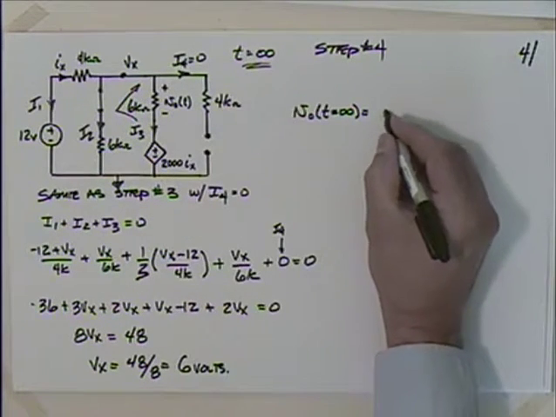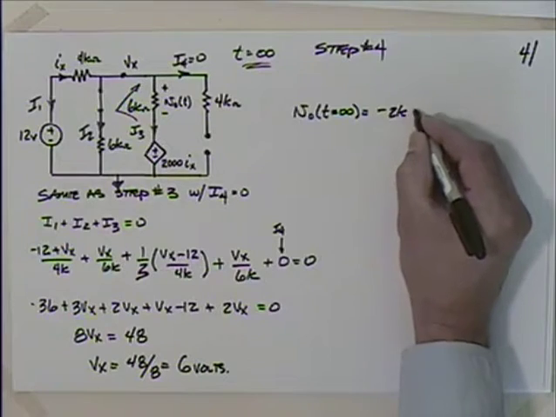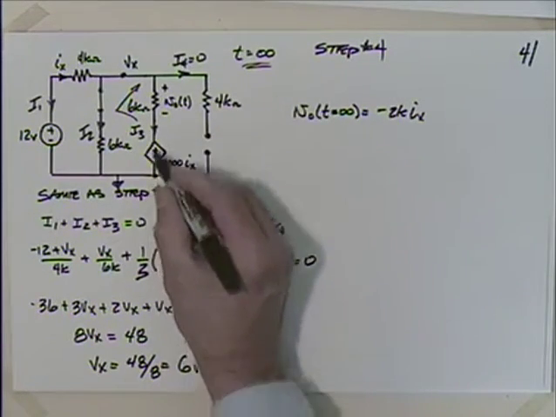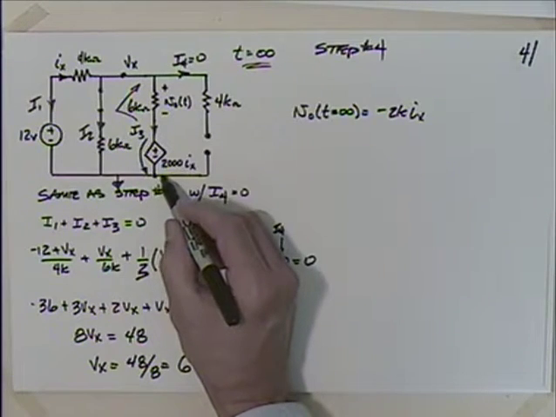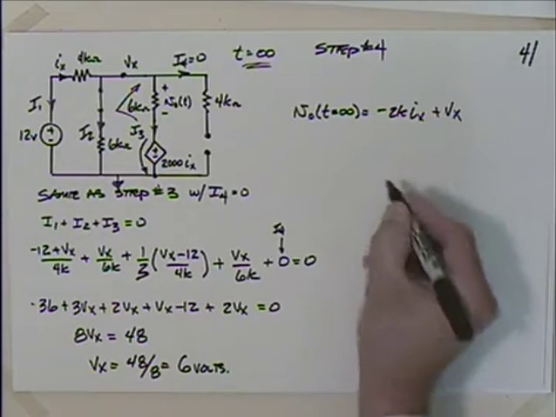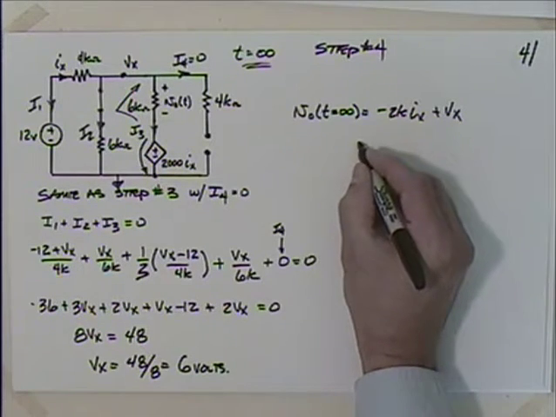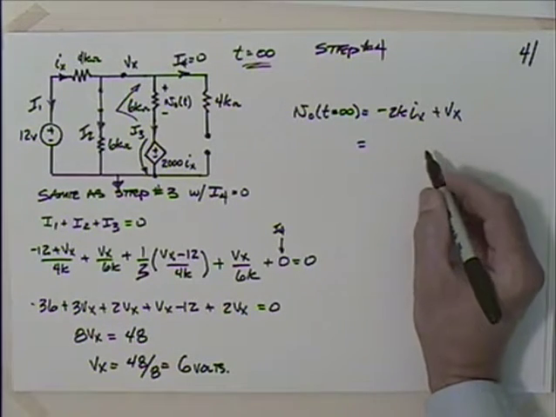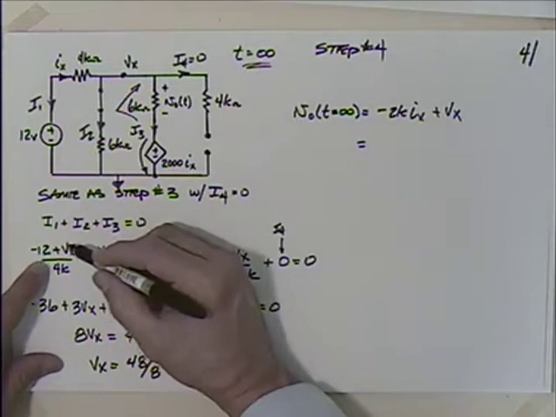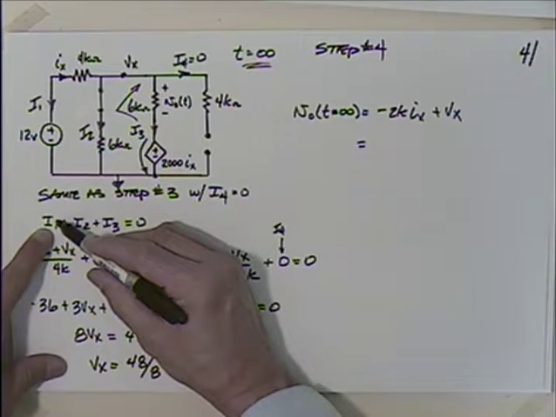So I've got to say minus 2000 or 2k Ix. That gets me down here. So minus 2000 Ix plus Vx, which is going to be equal to, what do we get Ix as? Ix is minus I1, isn't it?